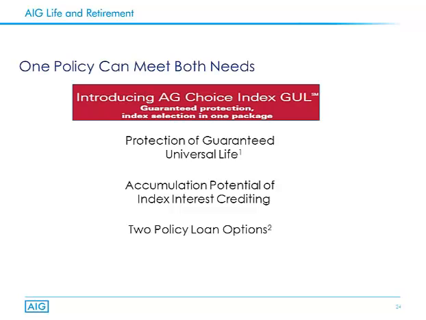Also very nice with this policy is that there's a crediting floor, a guaranteed floor of 1%. So we always know that, even if the performance of the index is poor and negative for some reason, there will always be positive growth within the cash value in this policy because of the 1% floor on it.